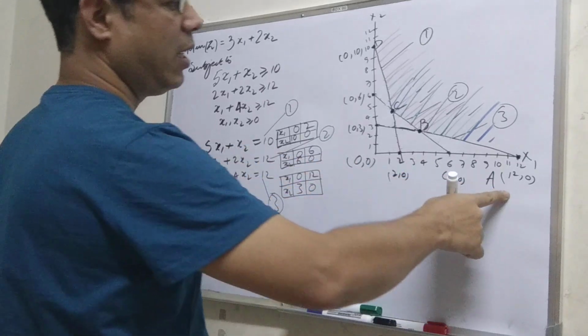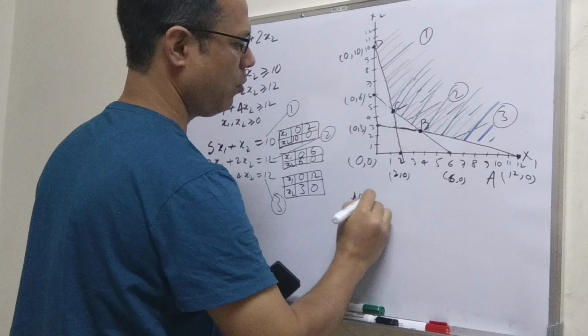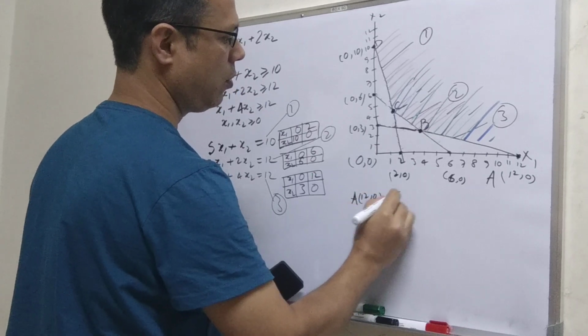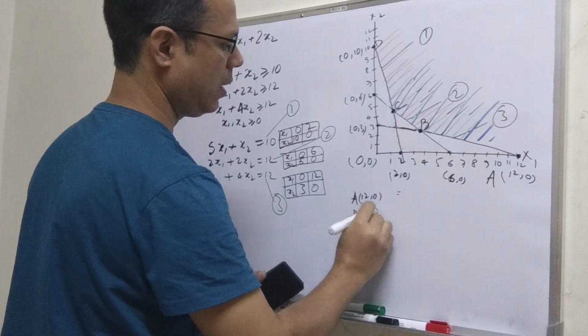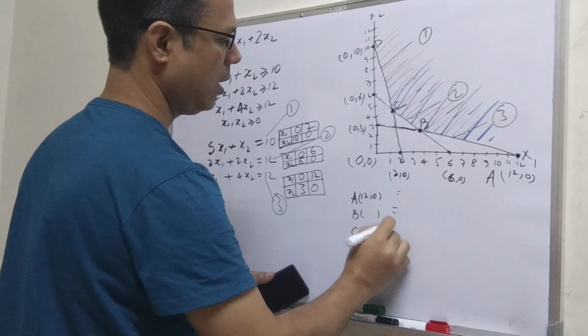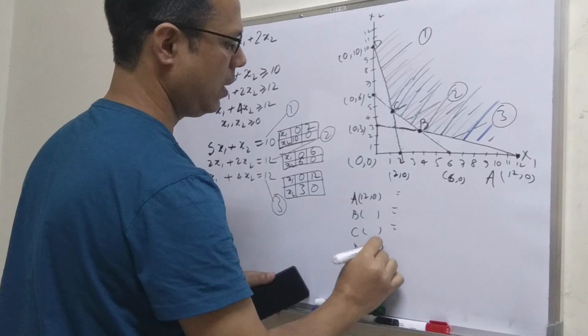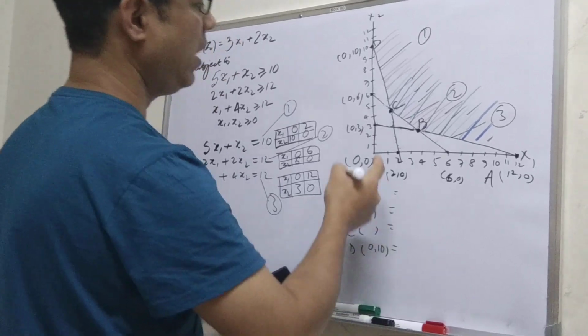For A, (12, 0). For B, we don't know exactly, for C also we don't know, for D (0, 10).